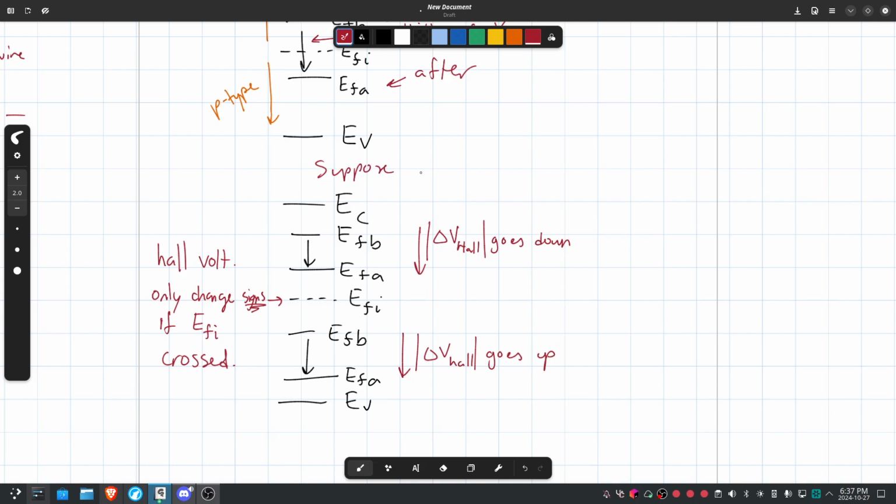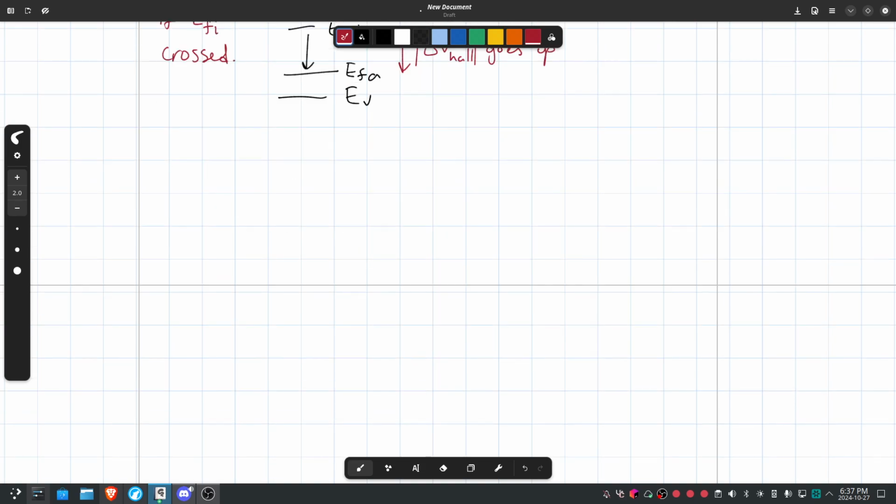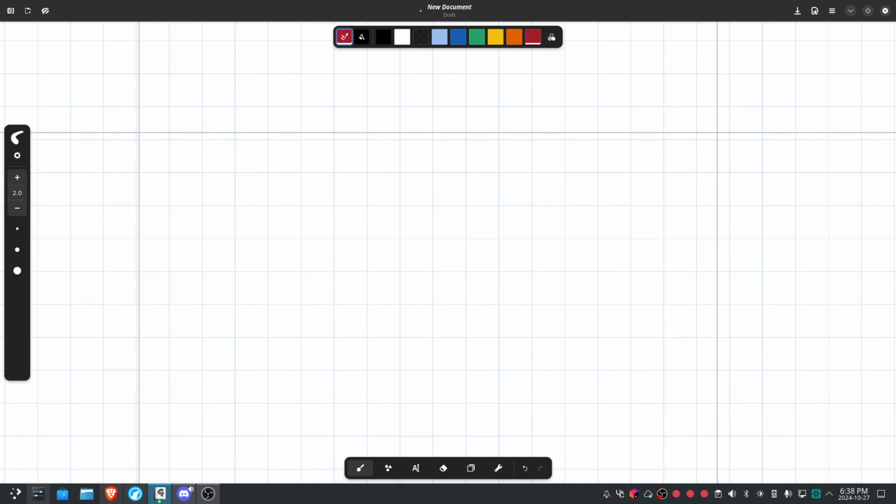Suppose X is acceptor. No switch in sign. I want to write it out for the people who are just reading the PDF afterwards. So suppose X is donor.